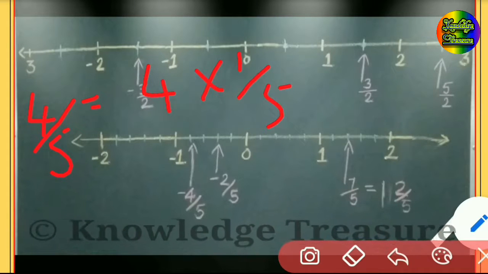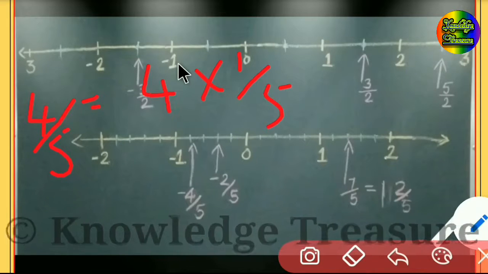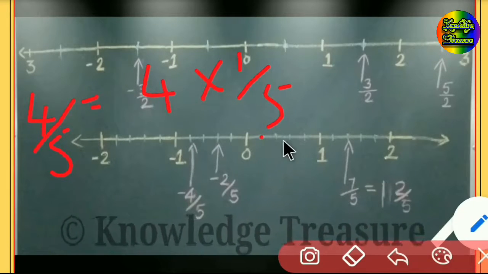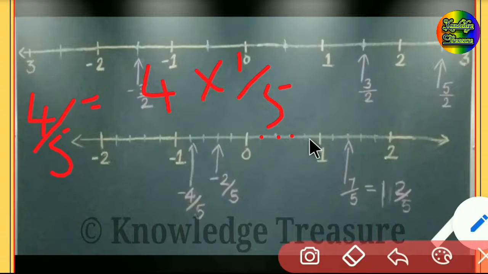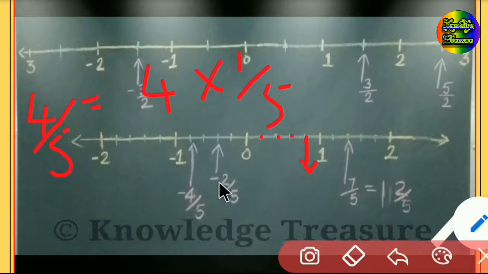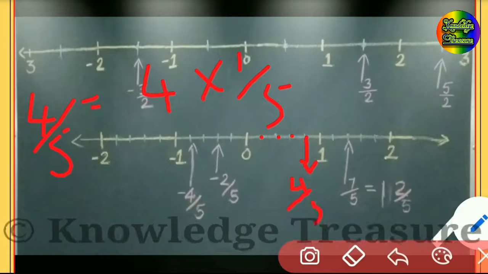That is 4 points after 0. So let us say the first point, second point, third one, fourth one. Here is our positive 4 upon 5.